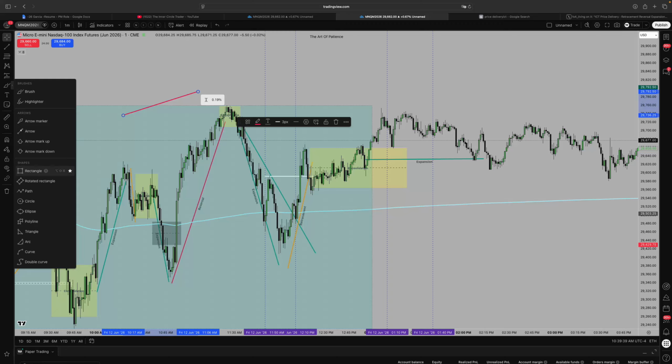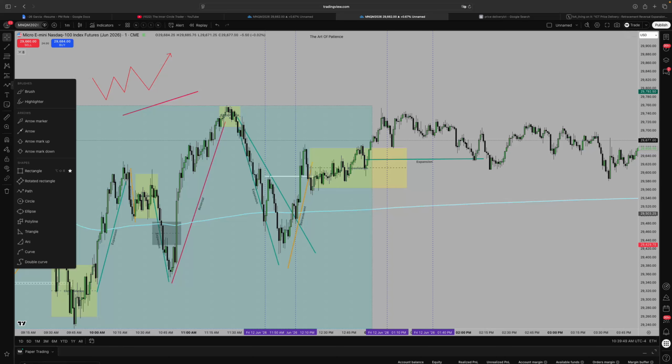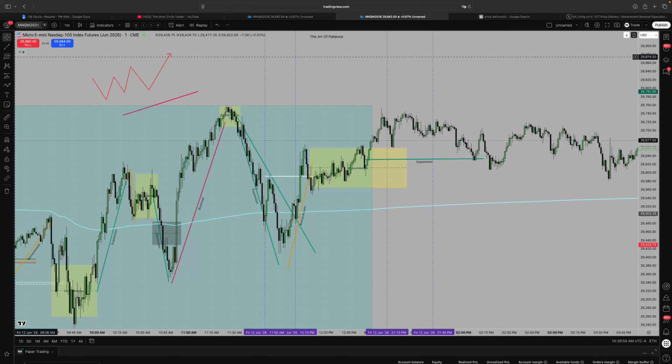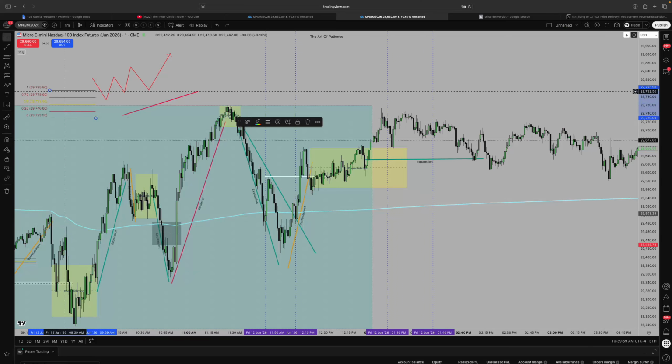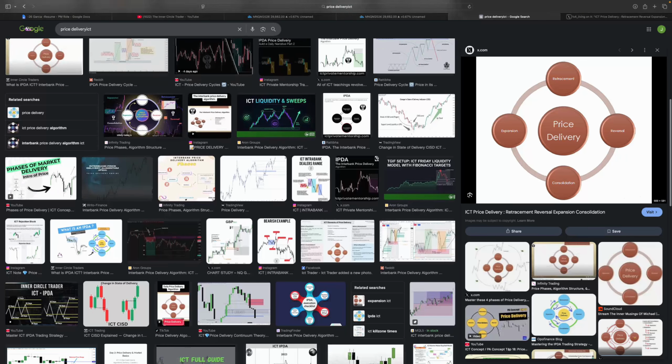I use a lot of the rectangles, circles, and also the path to kind of draw out an analysis. And then you also have your Fibonacci tool, Fib retracement. You can also customize the colors, the backgrounds. This is my preferred colors. Green and black, just like what ICT has in his charts, just because I've learned from him.